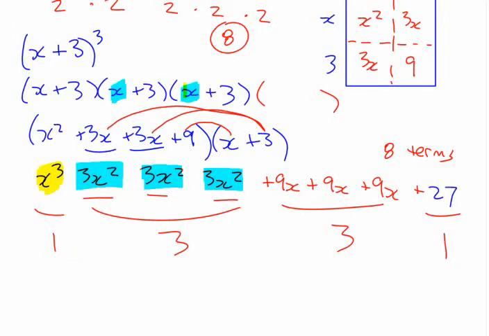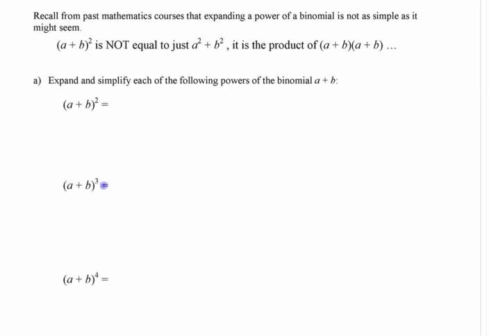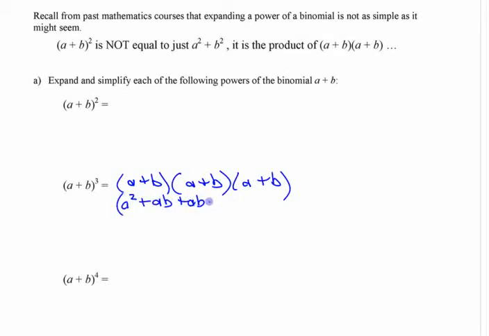So when you're multiplying out, let's do A's and B's here. Like if we're doing A plus B to the third, really again we're doing A plus B, A plus B, A plus B. So if we multiply this out, if you do the first 2, you get A squared plus AB plus AB plus B squared, right? That's the first thing, but right now I don't want to add this together.